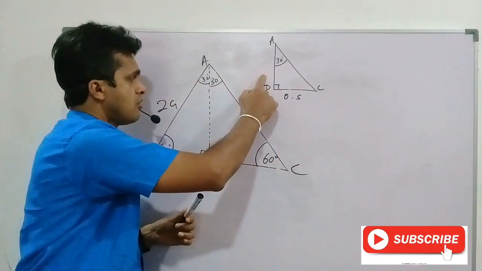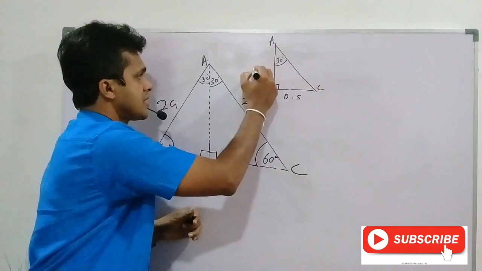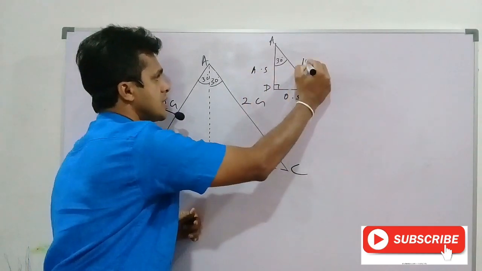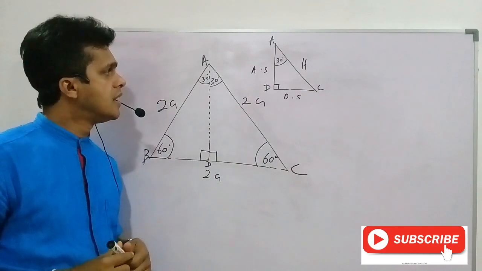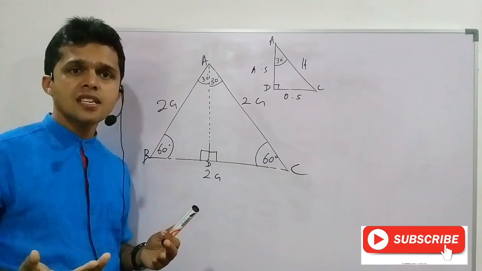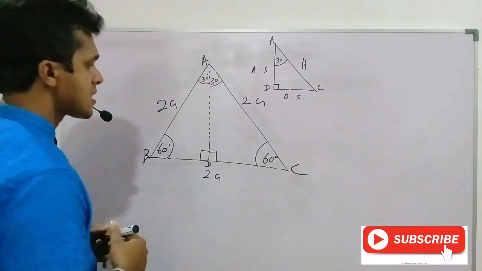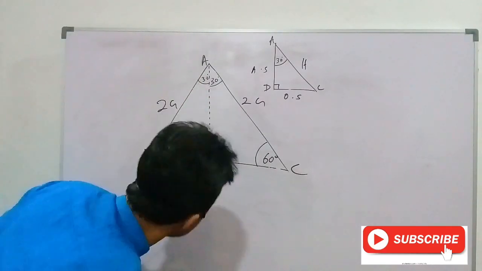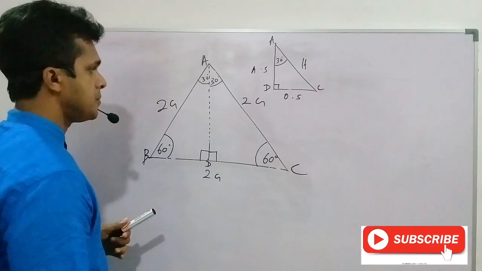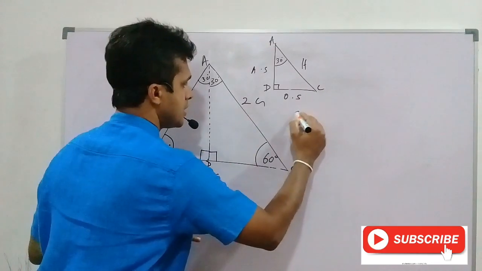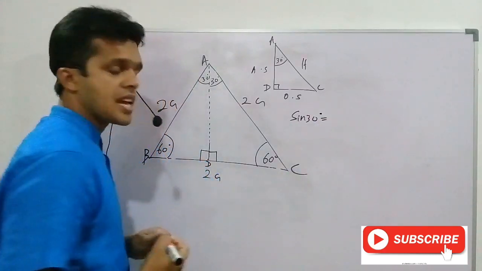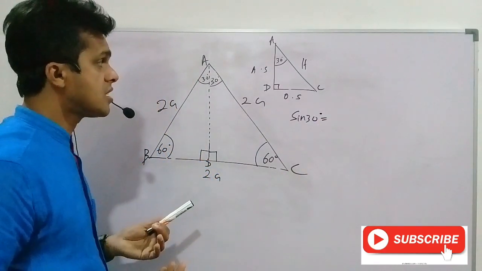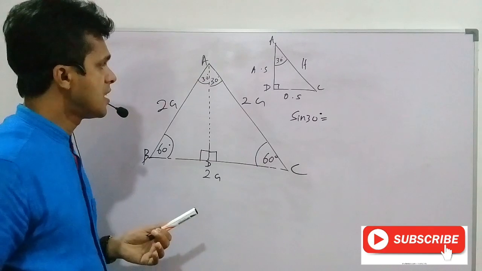What is this side? This is AS, the hypotenuse. What is sine 30? Sine 30 is equal to OS over H, you know that sine equals OS over H.